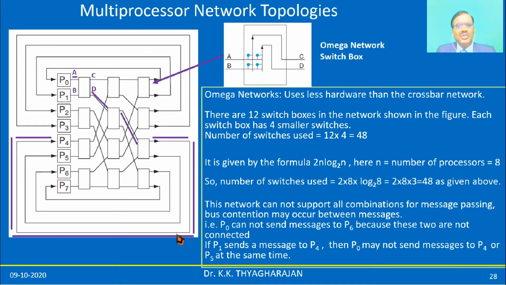If it is coming to this output, it will reach P4. So P0 can communicate with P4 through this path. If it wants to communicate with P5, it follows the same path, but instead of going here, it should come here and it should reach P5.